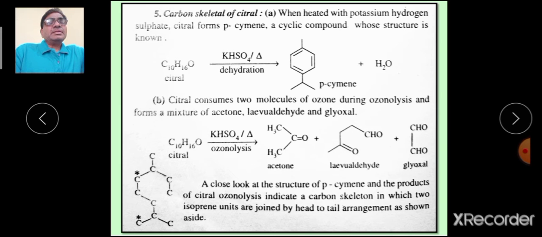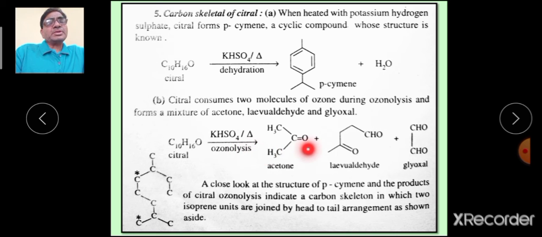Second reaction: citral consumes 2 molecules of ozone during ozonolysis and forms a mixture of acetone, an aldehyde and a glycol.